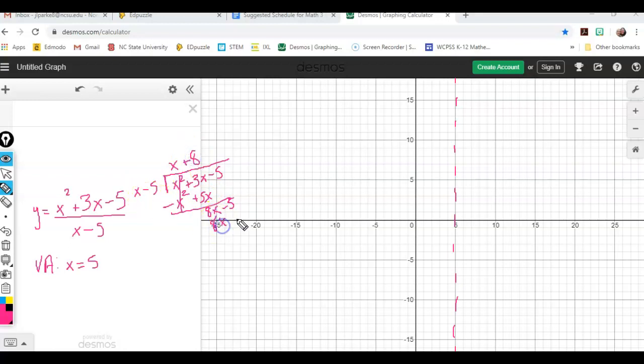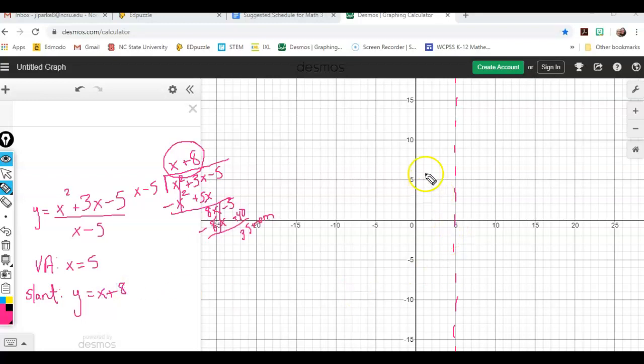And 8x and -40, and subtract, minus a negative. And then this is just going to be the remainder, but we're not interested in the remainder. Remember, just the quotient up here without the remainder, the whole number, is what we're interested in. So this means that we're going to have a slant asymptote at y equals x plus 8.